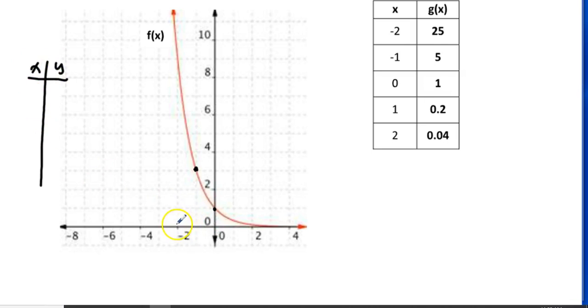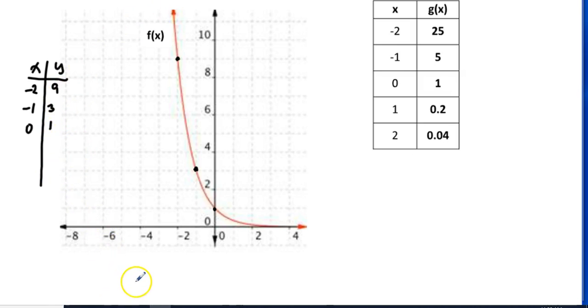So at -2, it's hard to tell exactly, but it is that point. It's not quite -8. So it looks like I've got -2 makes 9, -1 makes 3, 0 makes 1, and then the pattern continues. So I think that'll give me a decent sense of what's going on. I think I can see the pattern already, and hopefully you as well can.